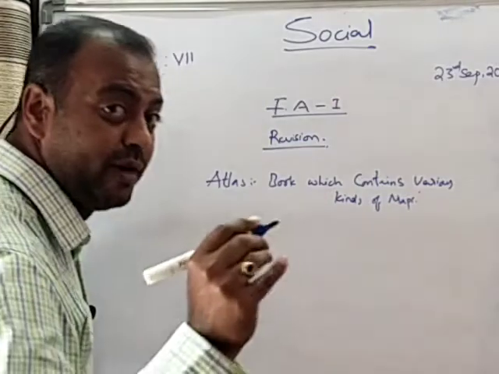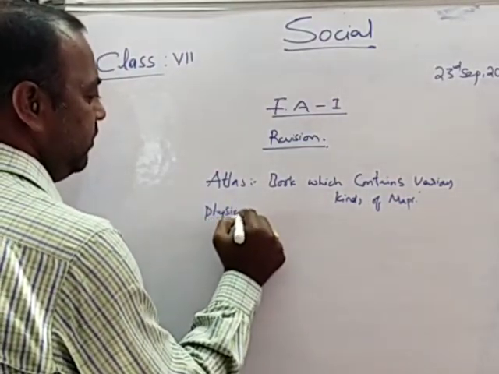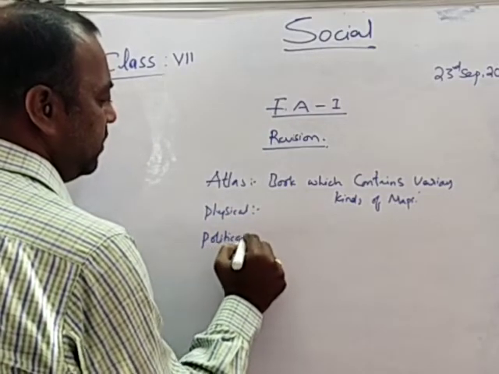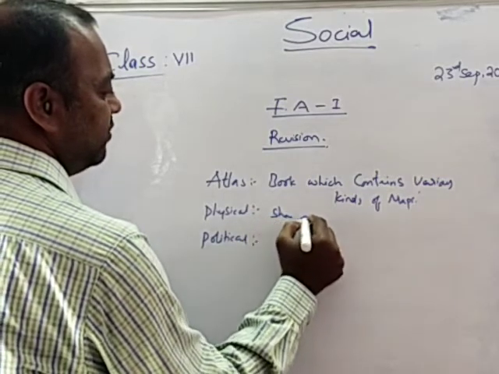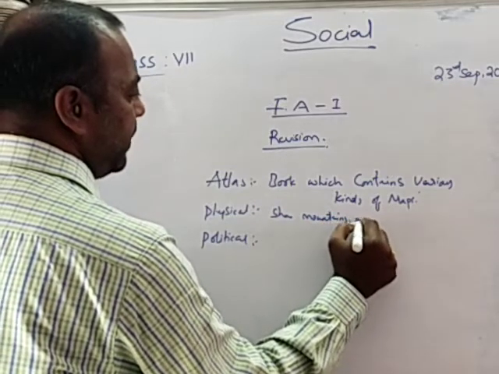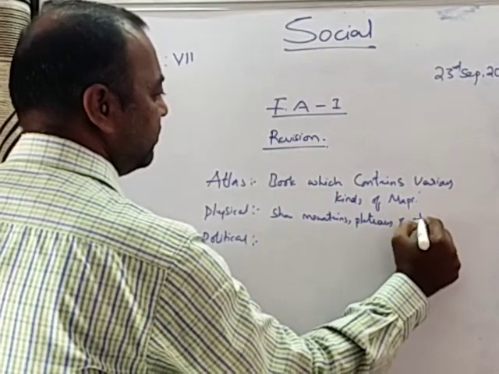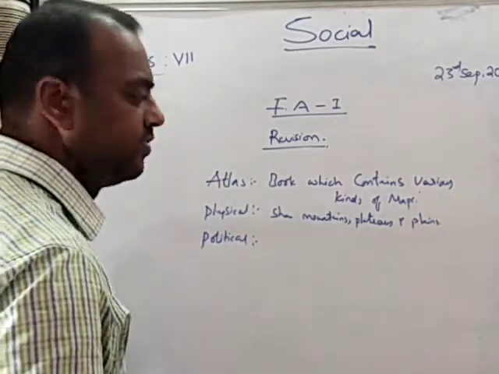And different kinds of maps you also find. One is a physical map. The other one is a political map. Physical map means the map which shows the mountains, plateaus, that means landforms, and plains. So these are the physical maps.